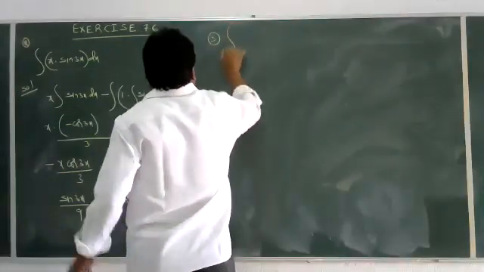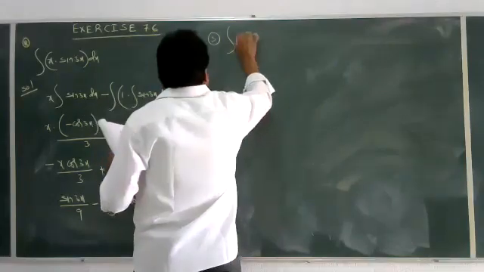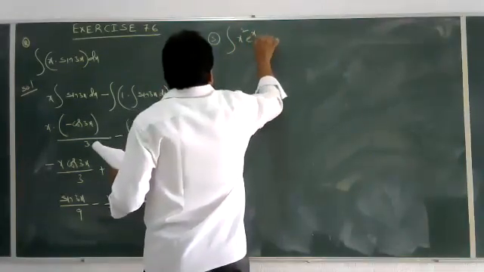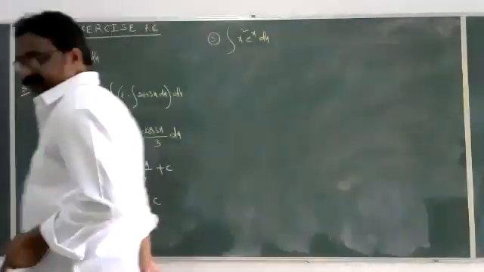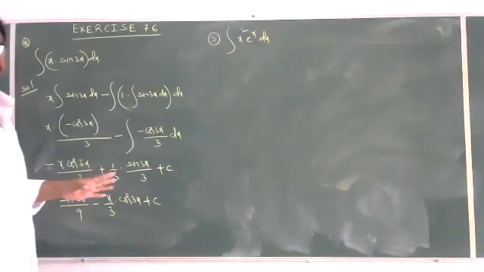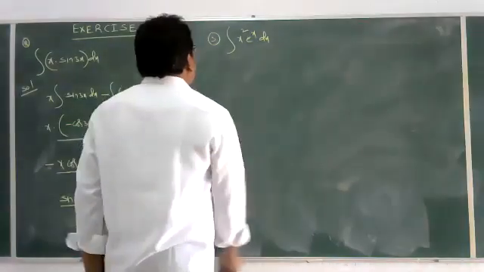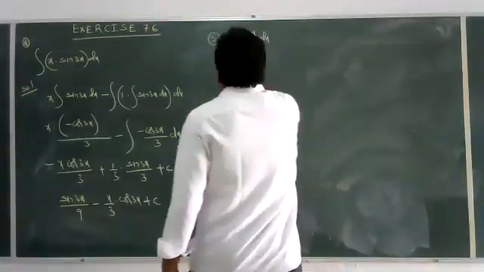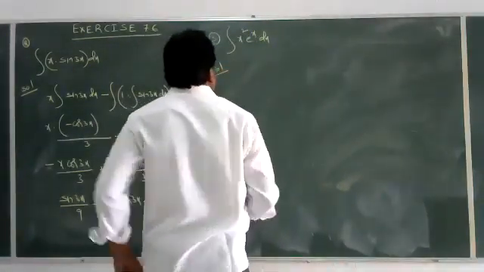Third problem, integration of x square into e power x dx. Here x square is the algebraic function, e power x is the exponential function. So the algebraic function is the first function, the exponential function is the second function. That is the solution.